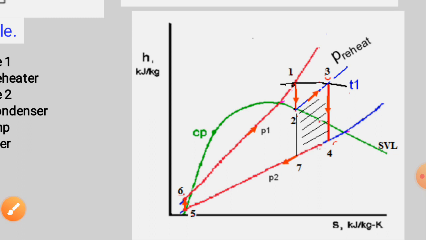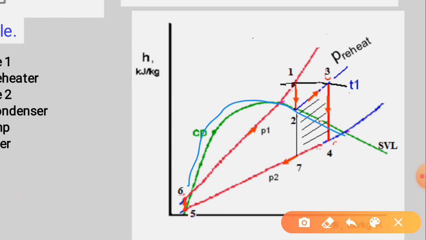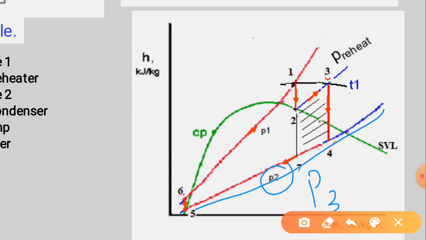Here this is the vapor dome, and again we have the boiler pressure line P1, then we have the condenser pressure line P3. This is P3, I am sorry for that.